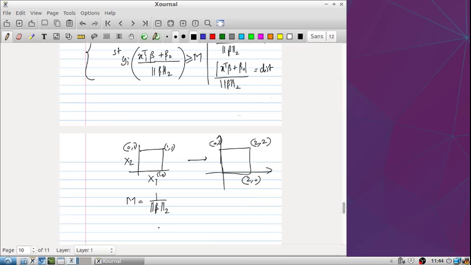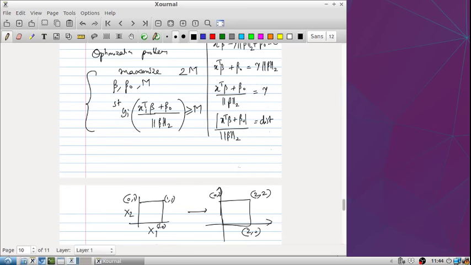Why this choice? Because it lets me eliminate one variable. In this problem I have to find a beta, a beta naught and a margin, a hyperplane and a margin. By setting m to be a function of these other variables, I'm removing one variable from this optimization.